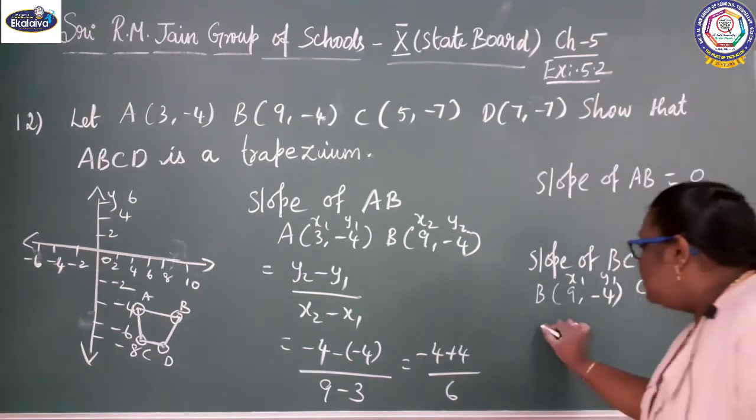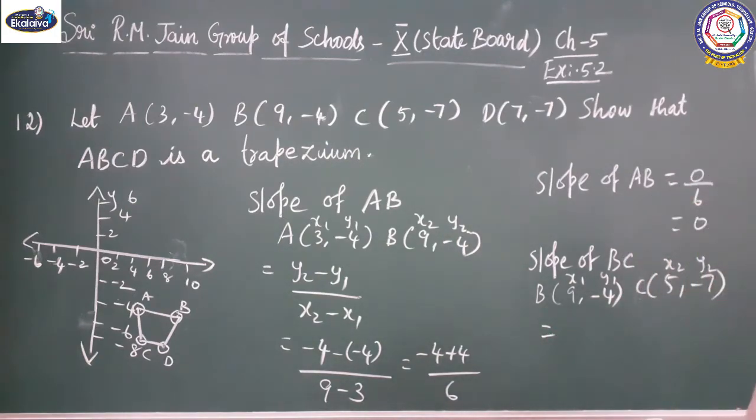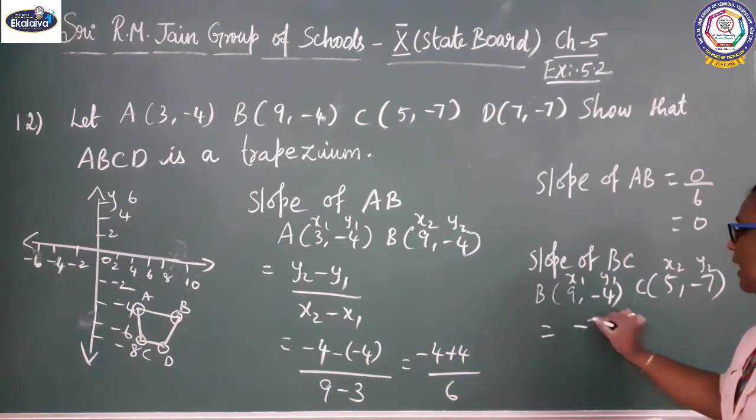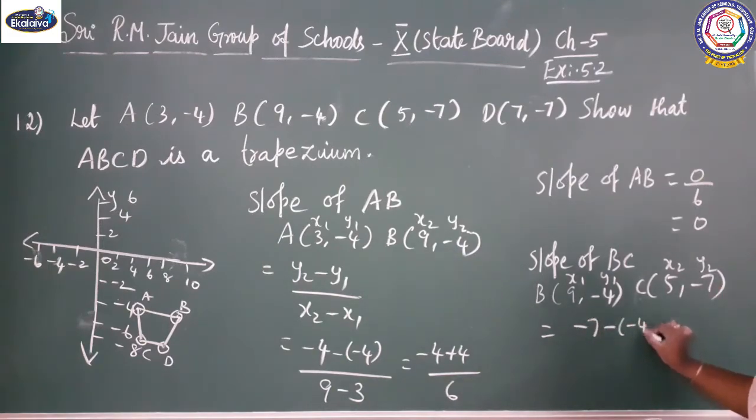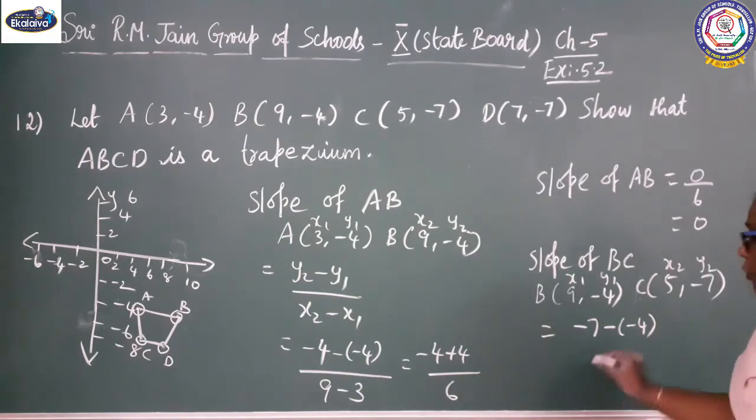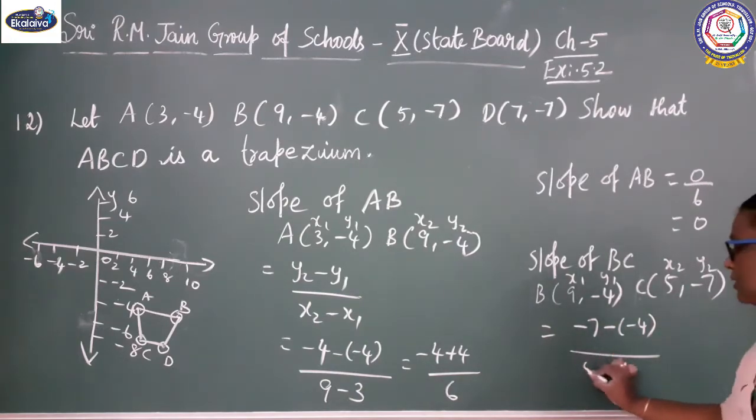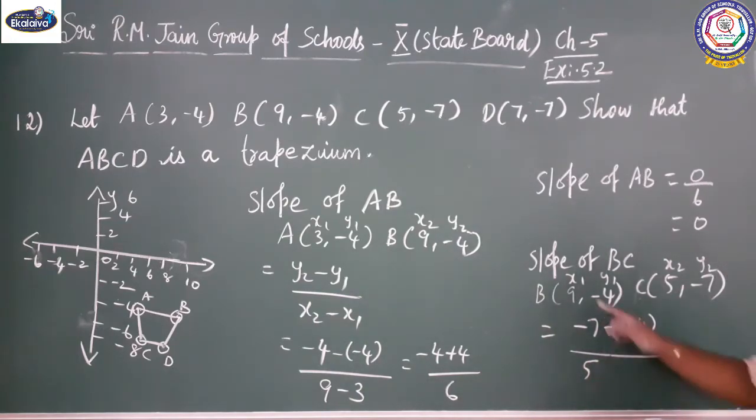So it gives y2 minus y1. y2 value is what? Minus 7 minus y1, which is minus 4, by x2, x2 is 5 minus 9.